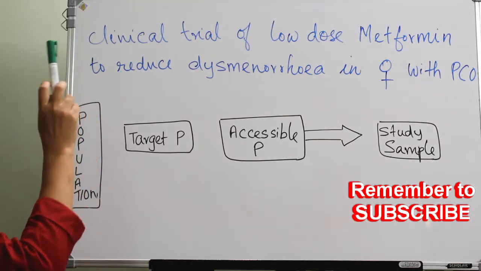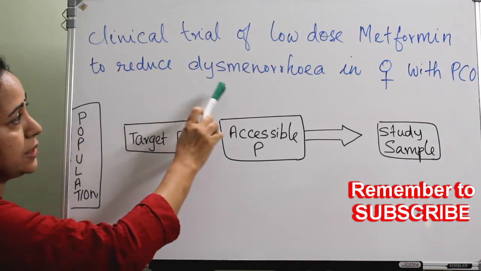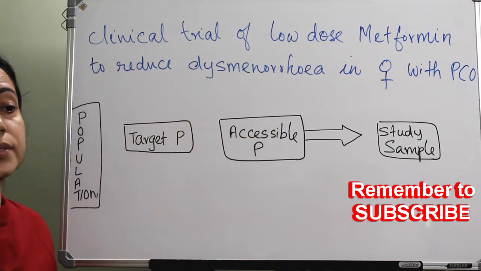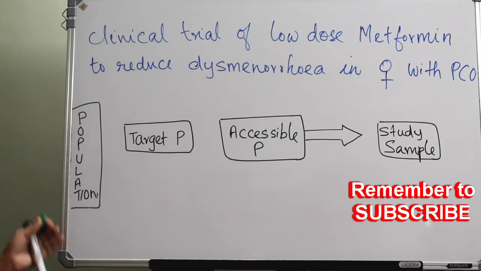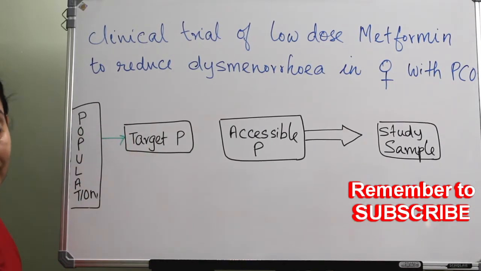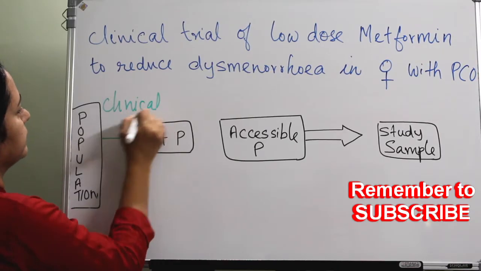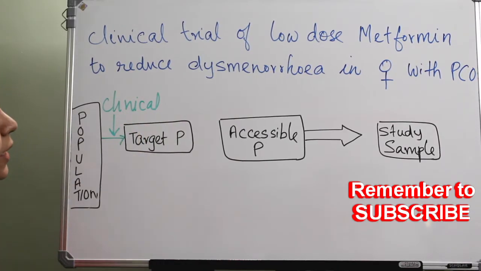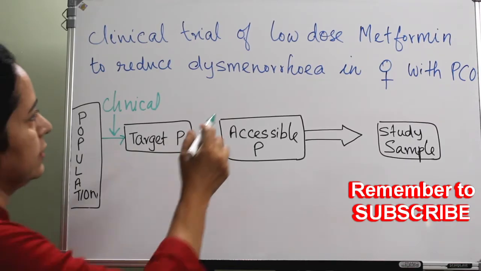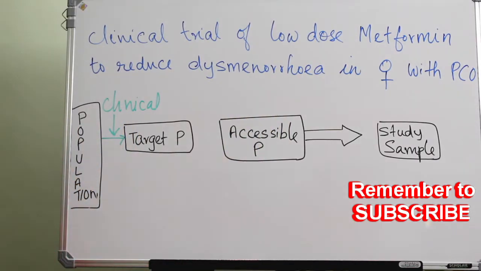So see here, it is a clinical trial of low dose metformin to reduce dysmenorrhea in females with a polycystic ovary. That is my study. So from the population, I am deriving the target population using clinical and also demographic details. So what is clinical detail? Clinical here is the females with polycystic ovary and with dysmenorrhea.